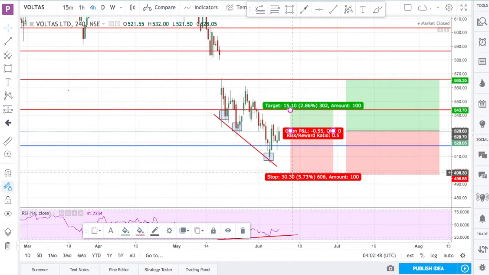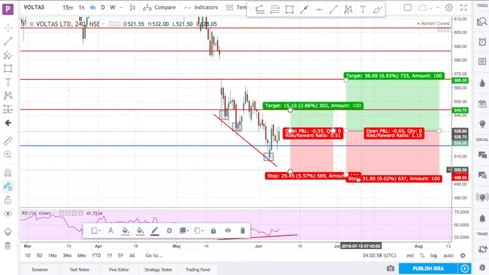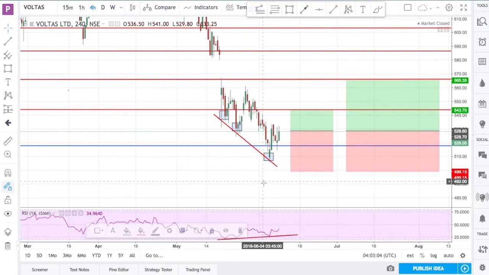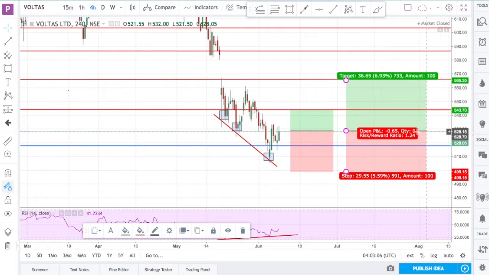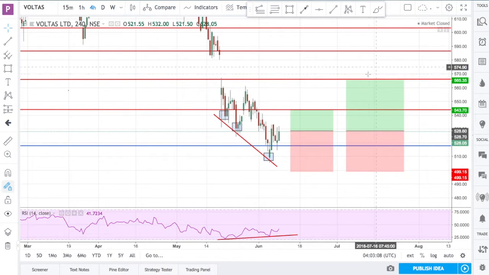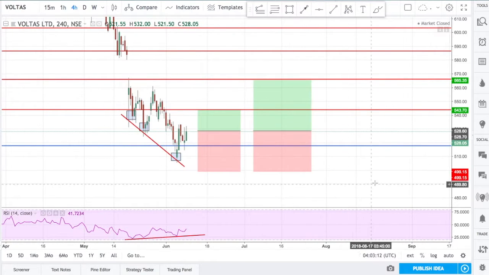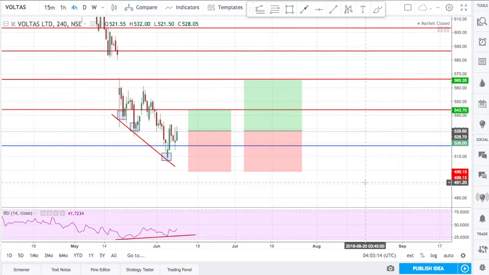Our stop loss has to be placed just below this point. Since it is 500, the even handle number, let's keep it at 499. Okay, so now let's see how this trade plays out in the next few trading sessions.